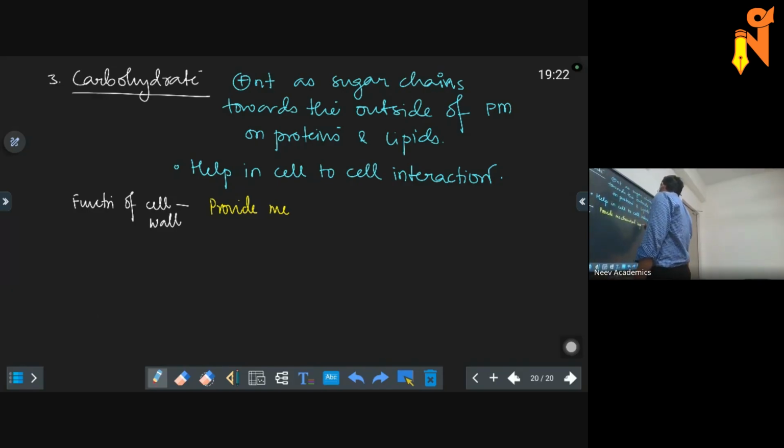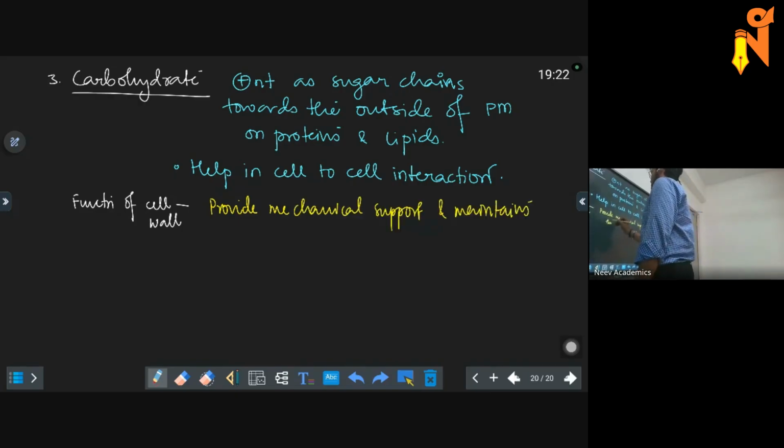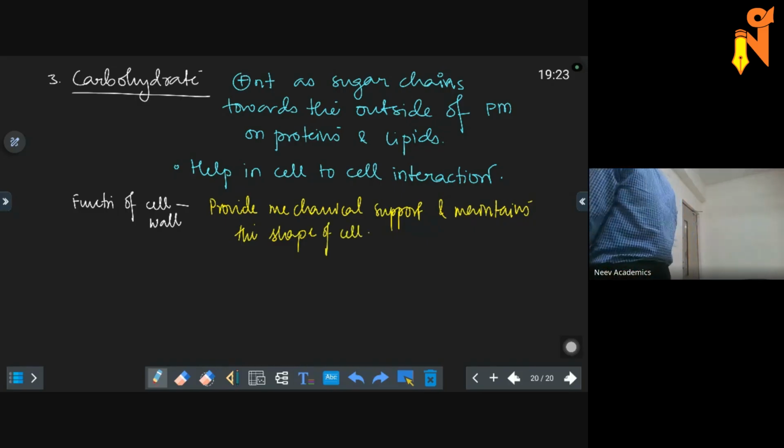Mechanical support and maintains the shape of cell. Helping cell interaction.